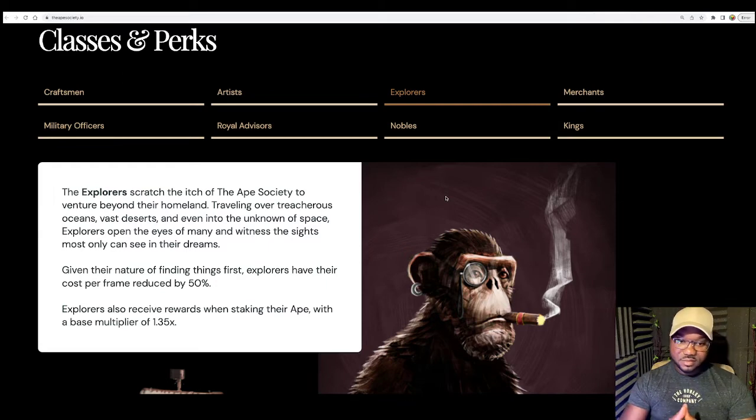Great perks. You can look at these different perks and decide which one you think is more valuable to you and your quest in this NFT collection. Explorers also receive rewards when staking their apes with a base multiplier of 1.35.